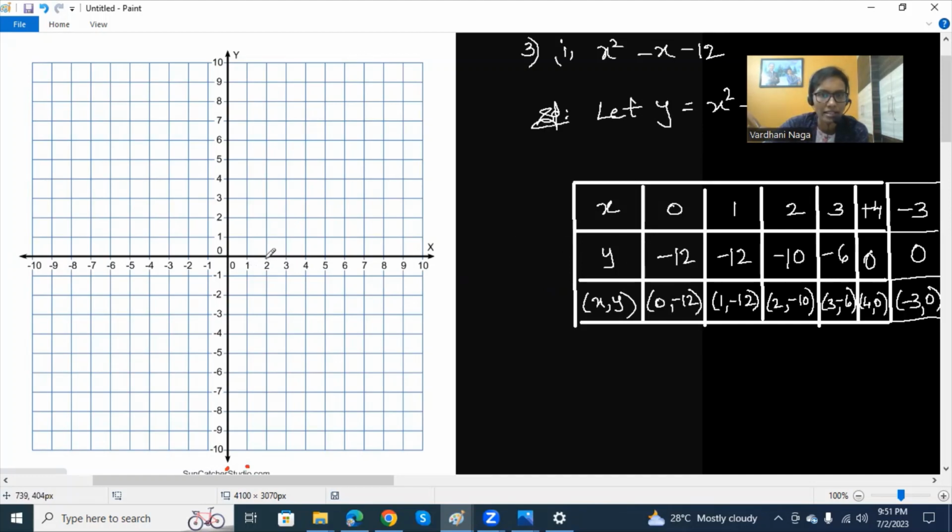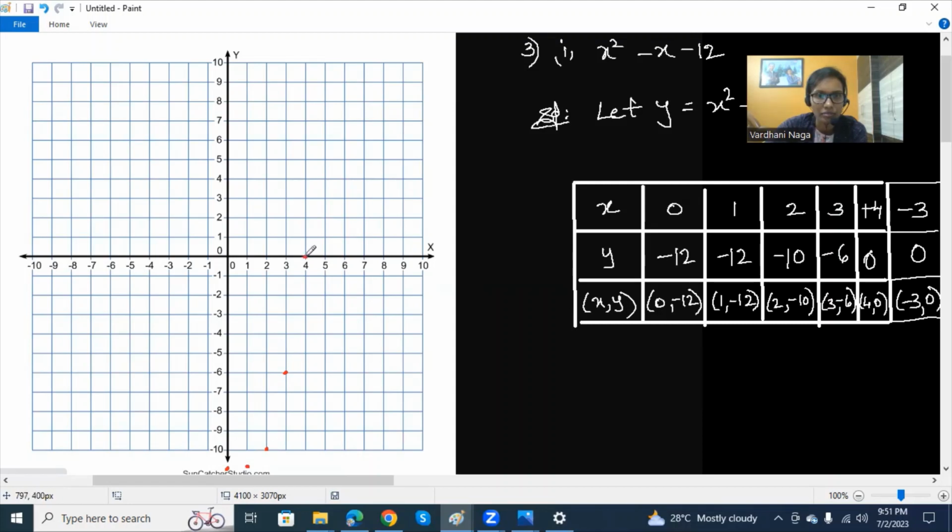2 on the x-axis and minus 10. Okay. 3 comma minus 6. 3 on the x-axis and minus 6. Next, 4 comma 0. 4 on the x-axis and 0 on the y-axis.